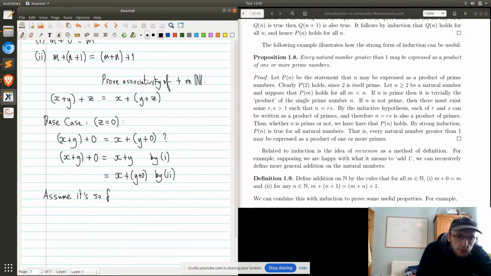Assume it's so for z is equal to k. Wait, do I have to use strong induction for this? I don't know.